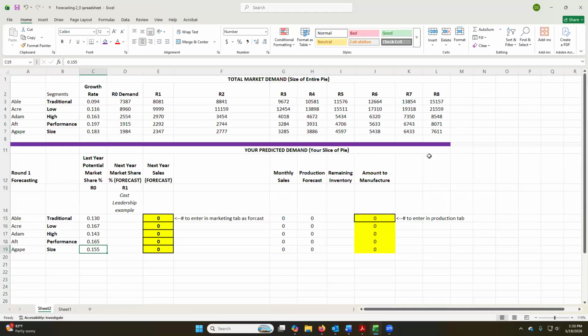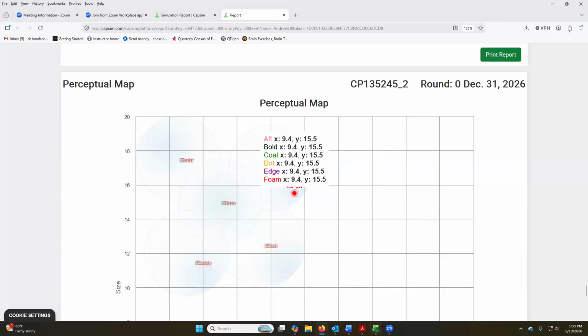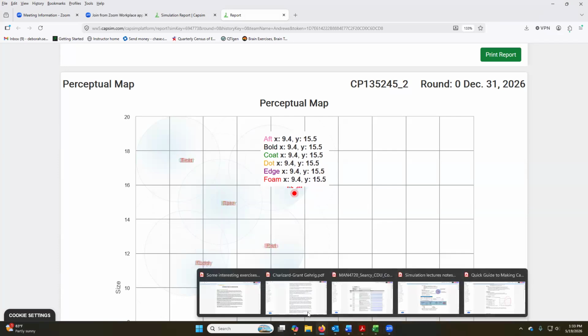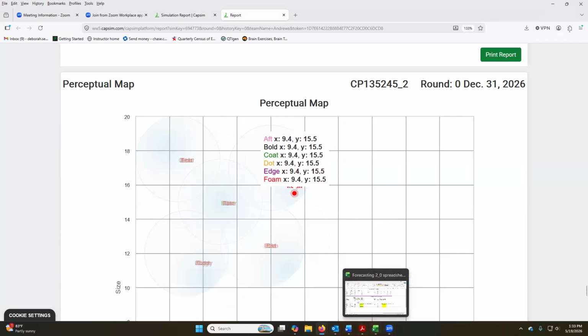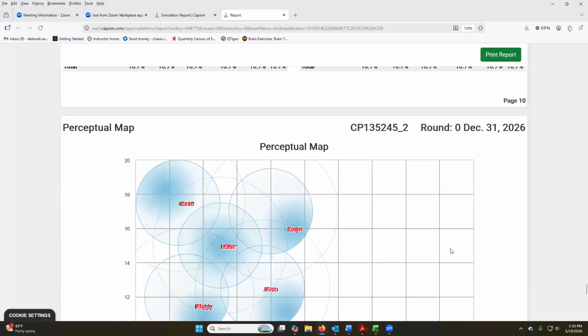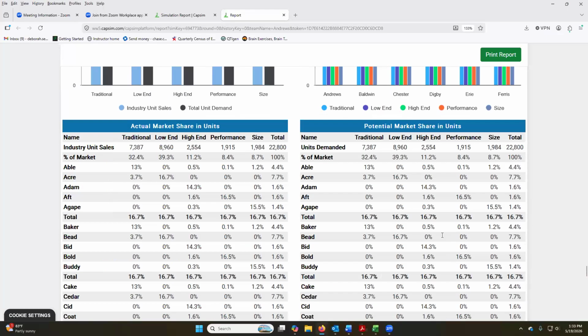Next year, I would advise you to pretend like that didn't happen. Just do the math based on what the actual market share was, what the potential market share was last year. Because give it a year or two, and you're only going to be selling to one segment. You're not going to be selling to more than one segment. So just focus on the sales to that one segment.